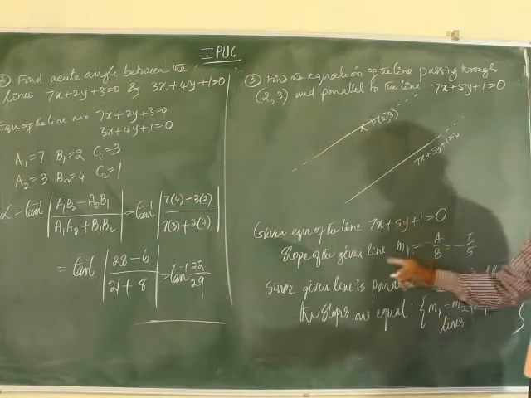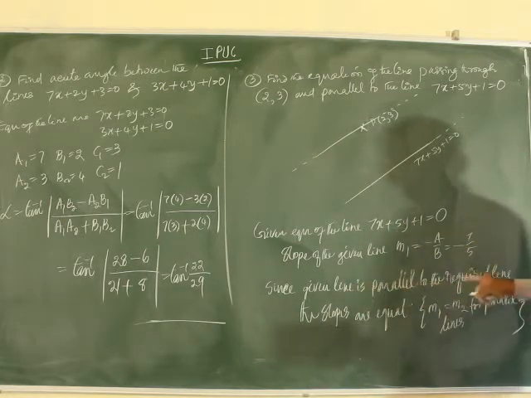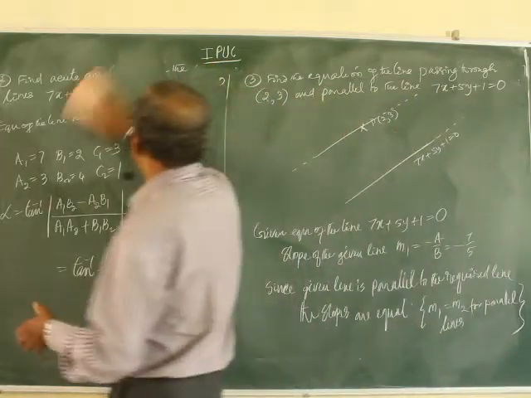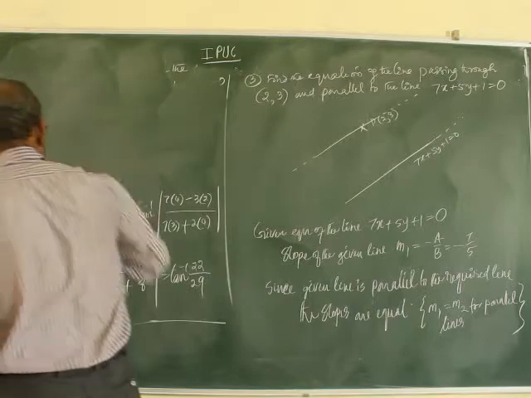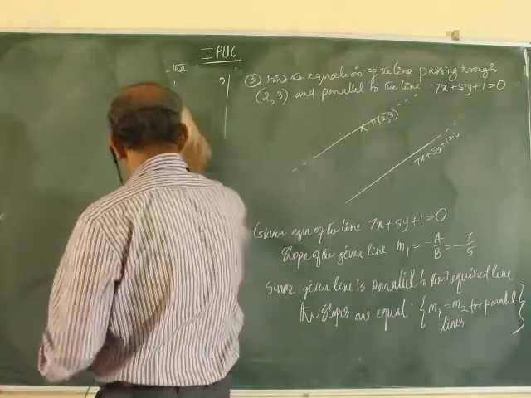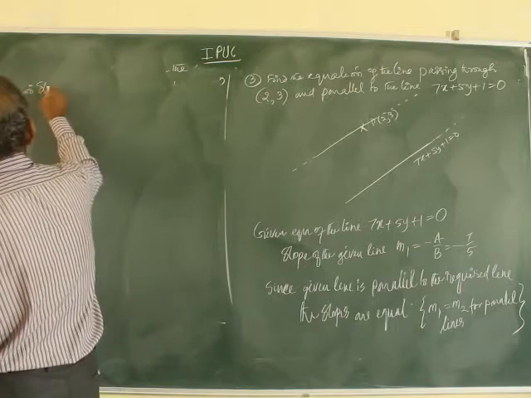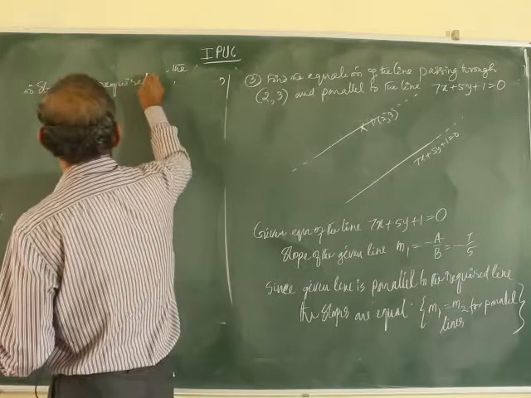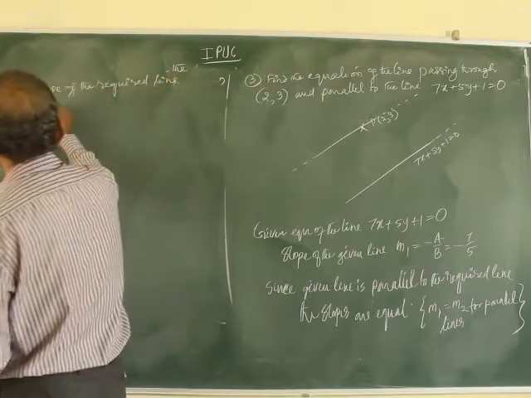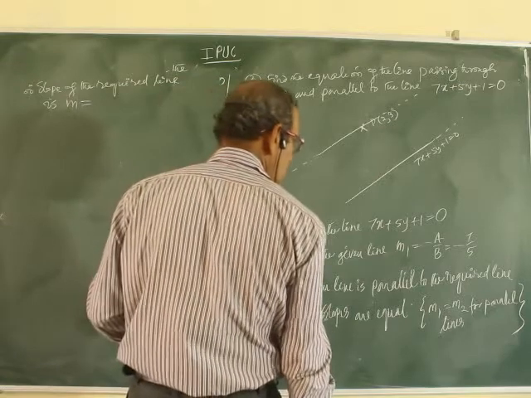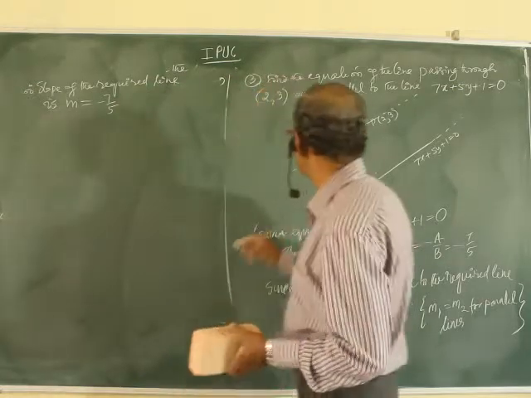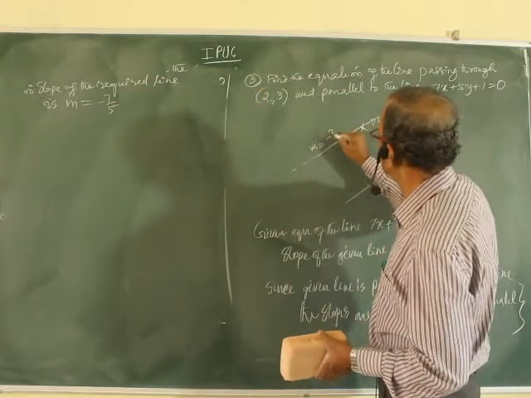Since the given line is parallel to the required line, slopes are equal. Therefore, the slope of the required line is m = -7/5 itself.